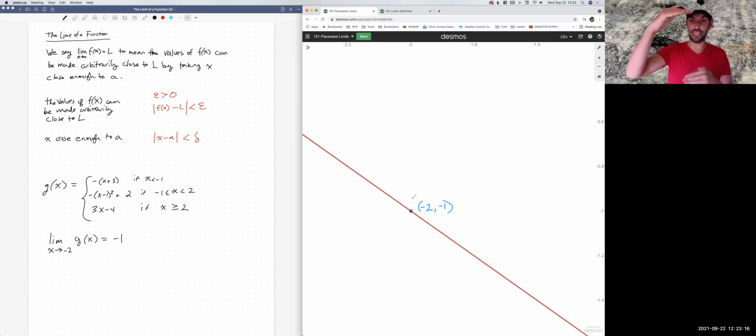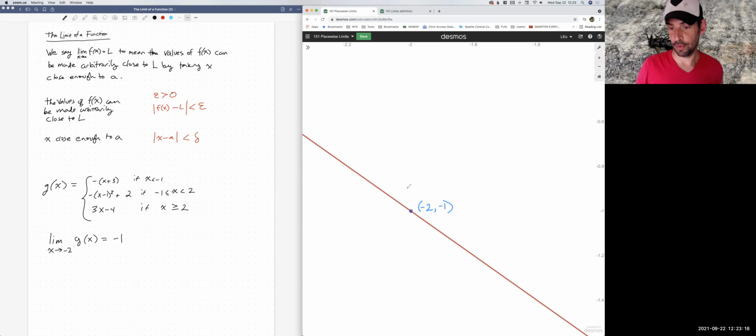Somebody might pick a little interval, a tiny amount above and below -1. This distance is what we're calling epsilon. It's the same distance on either side.